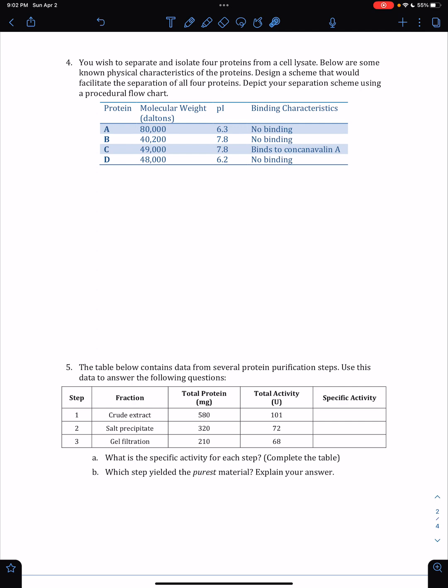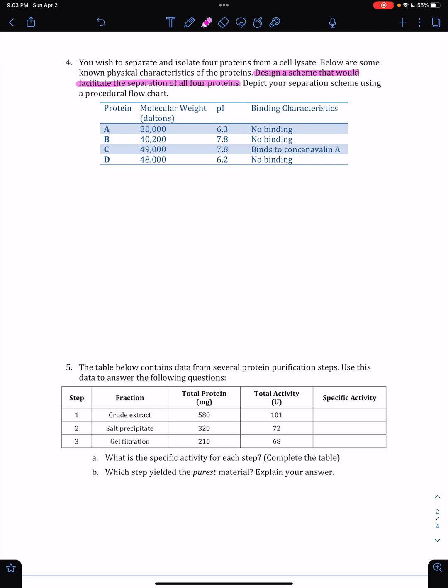Okay. So this is asking us to design a scheme that would facilitate the separation of all 4 proteins. So what we're going to do is make a flow chart, and the goal is to get all 4 proteins into 4 separate test tubes, say.